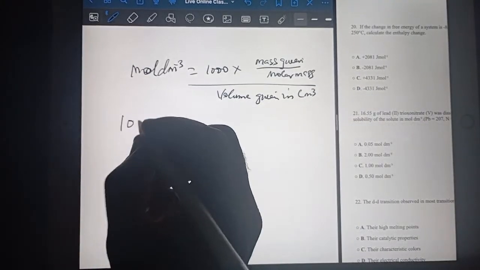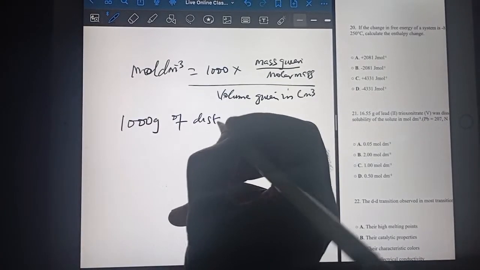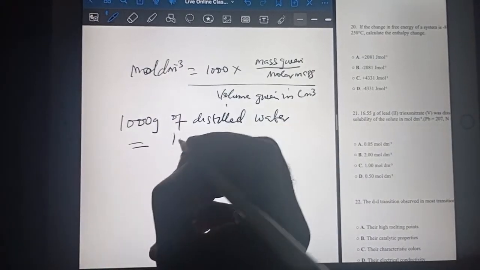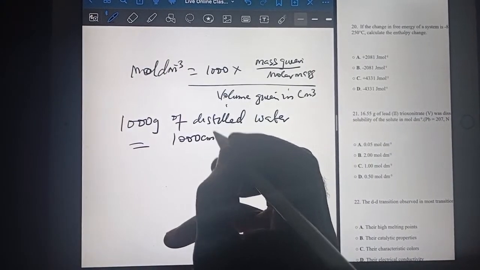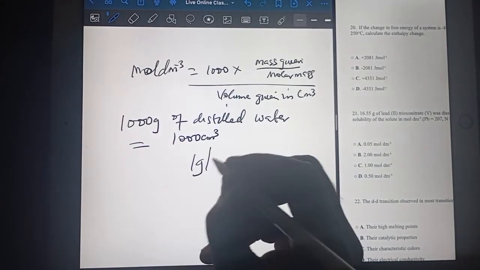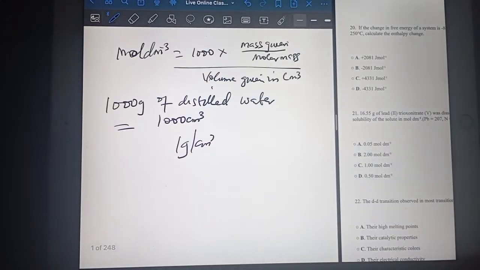And we should remember that 100 grams of distilled water is also equal to 100 cm cube. It's the same thing because the density of water is 1 gram per cm cube. So we can use gram as for volume since water is concerned, because we already know the density of water.